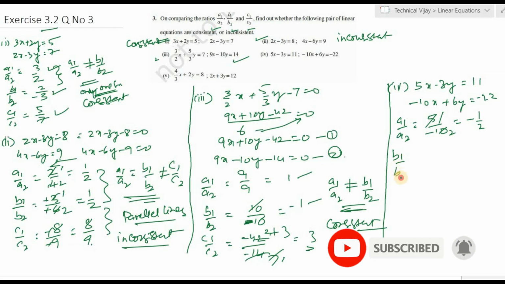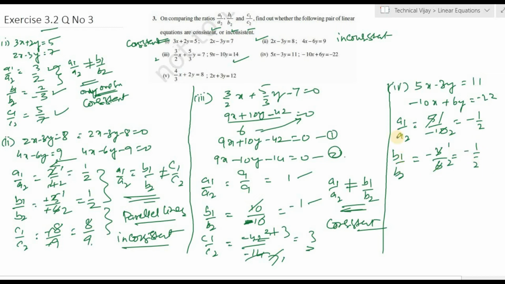Here b1 by b2 is equal to minus 3 divided by 6, which is also minus 1 by 2. So a1 by a2 is equal to b1 by b2 here. We will see c1 by c2, which is 11 divided by minus 22. You can take these two terms into the LHS also, so 11 ones are 11, 2s are 22. This is minus 1 by 2.